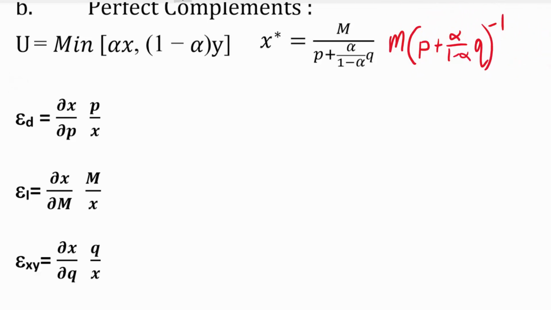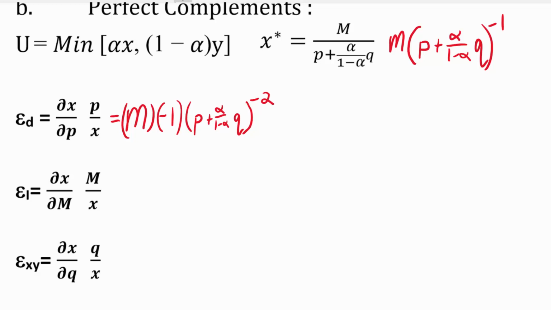Here's what we're going to end up with. The derivative of the inside is just 1, times the derivative of the outside. Well, the derivative of the outside is minus 1 times, and then we take that whole expression, p plus alpha over 1 minus alpha q, to the minus 2.